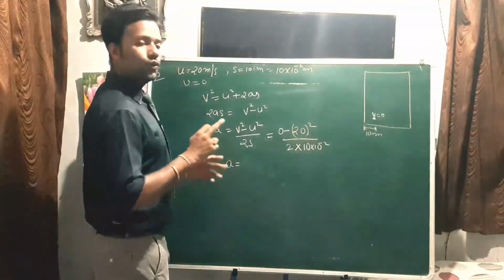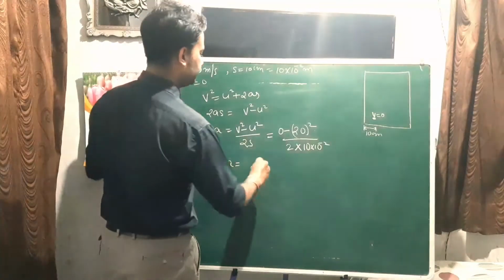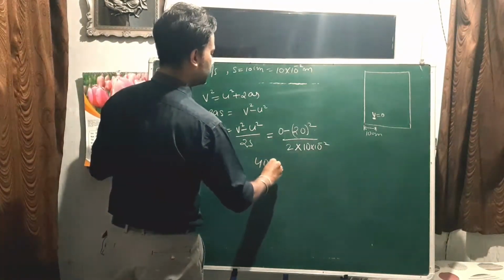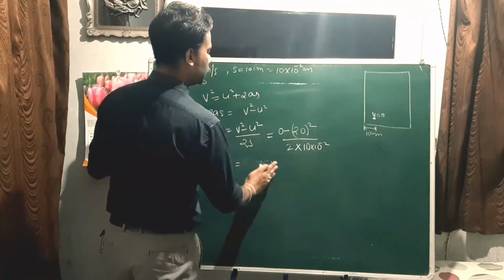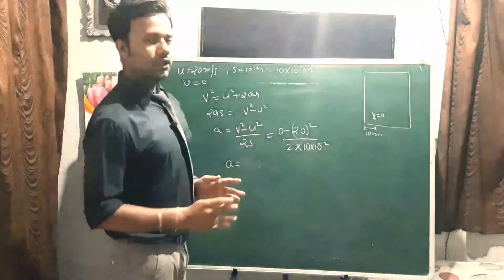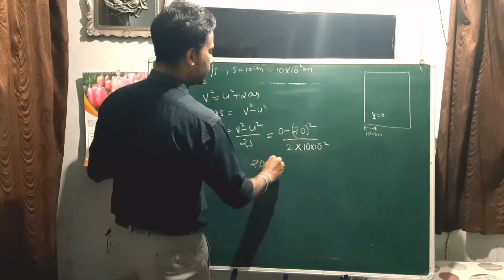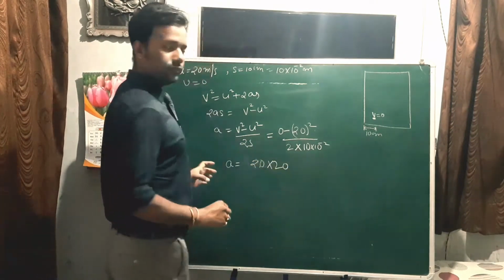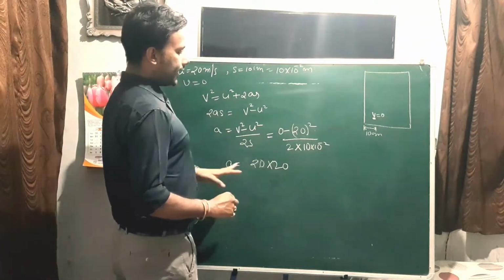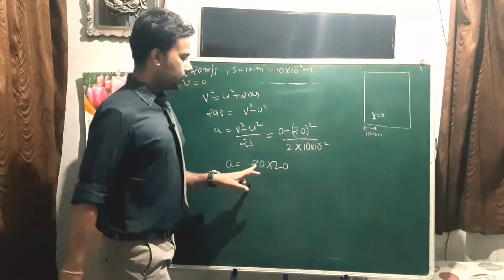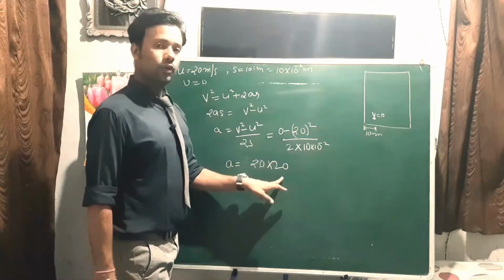This will become 20 into 20, that is 400. For the ease of calculation, let's try it. So this is 20 into 20, right? Can we write this as 2 into 400?